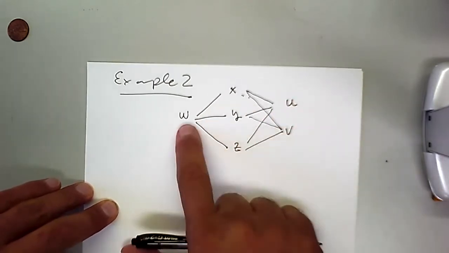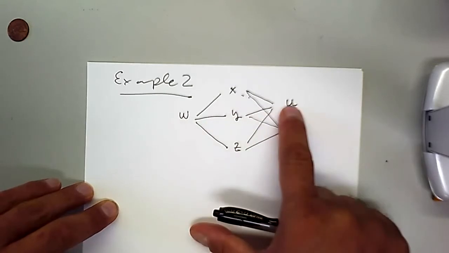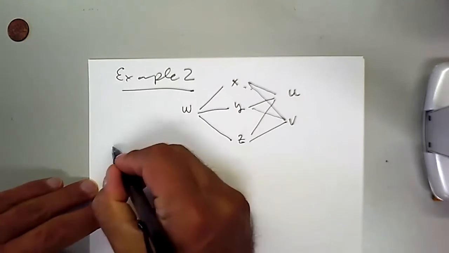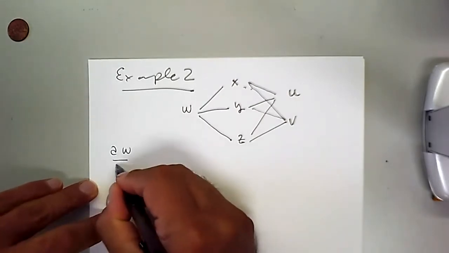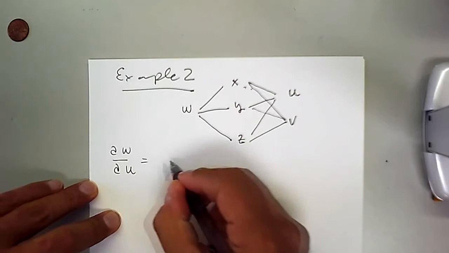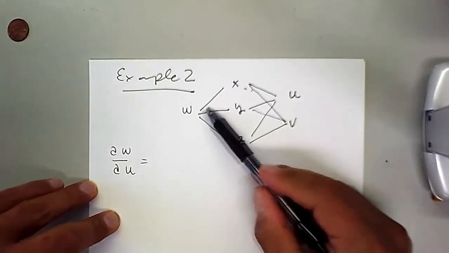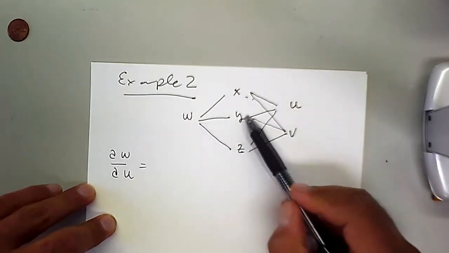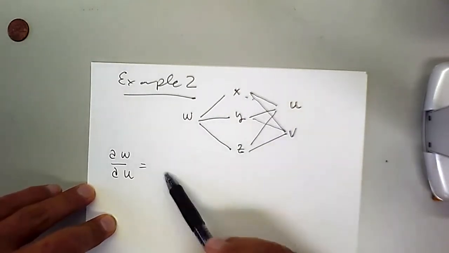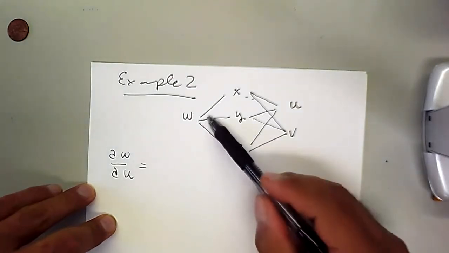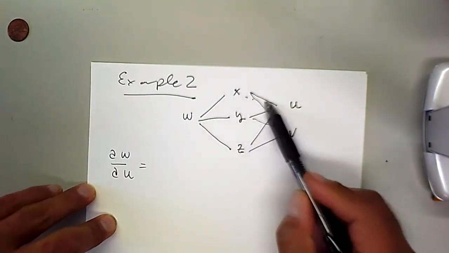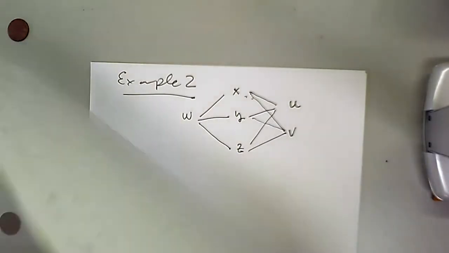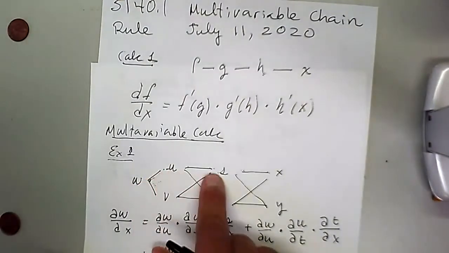How do we go about finding the partial derivatives of W with respect to U with this kind of connection? Well, in how many ways can we go from W to U? We can go through X, or through Y, or through Z. So that means we're going to end up with 3 terms. Each term is going to be 2 factors deep. So in example 1, we went 3 factors deep, 1, 2, 3.